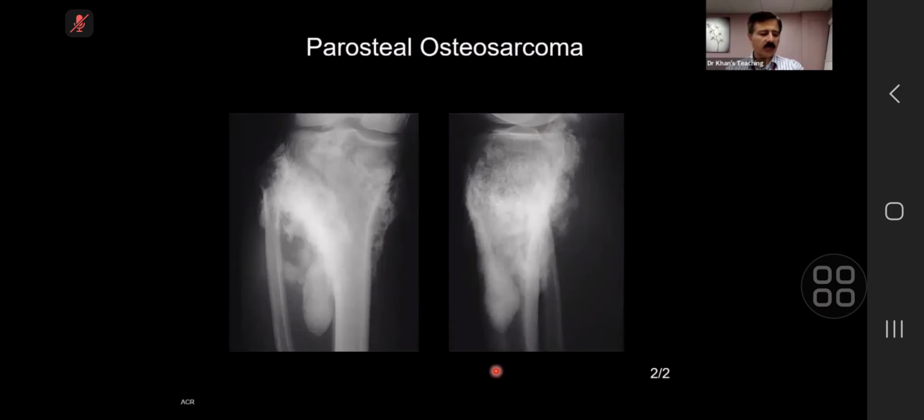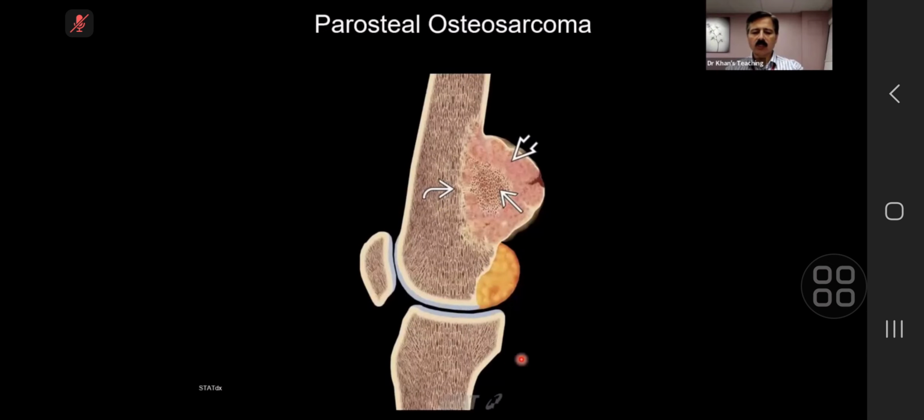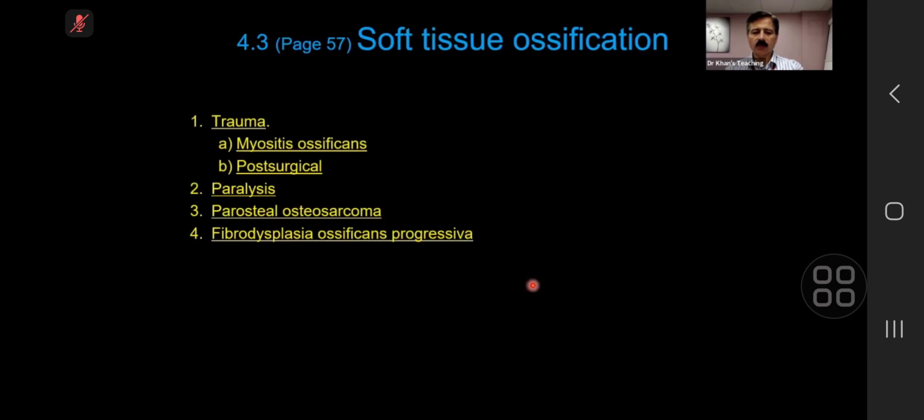As I told you, it's an Aunt Minnie case. If you have seen it, you are not going to miss it. If you have not seen it, you will be struggling. A sign which is given is that at times, between part of the lesion and the cortex, there might be a lucency, which is visible here. So this is parosteal osteosarcoma.